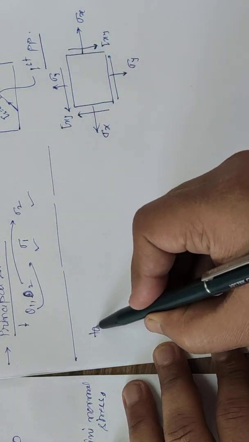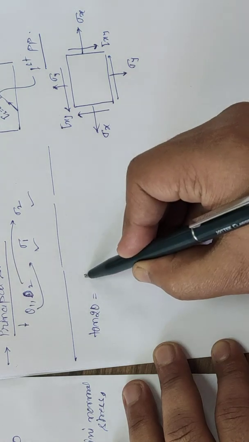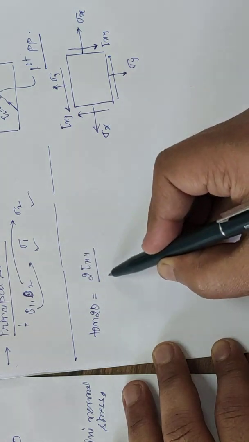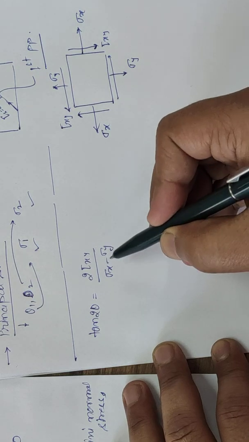Tan 2 theta, which we measured for principal stresses, was 2 tau xy divided by sigma x minus sigma y.